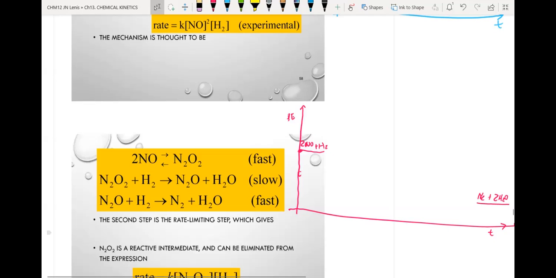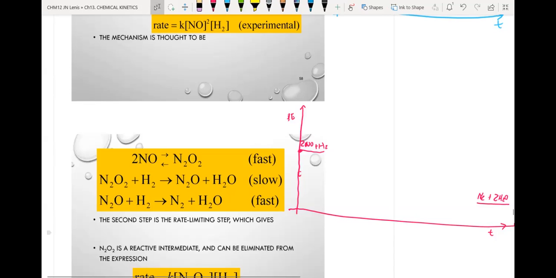What happened here? From the initial state, when you put the reactives together, to here, when you get the products, something must happen at the molecular level to get these products. And that is what we're going to show here, and that's going to be your mechanism.